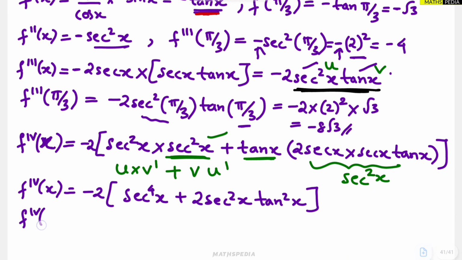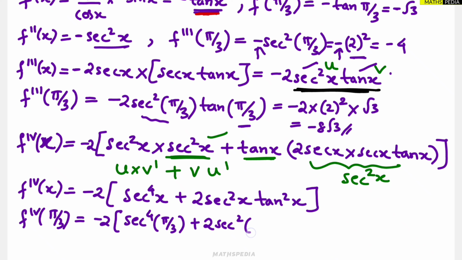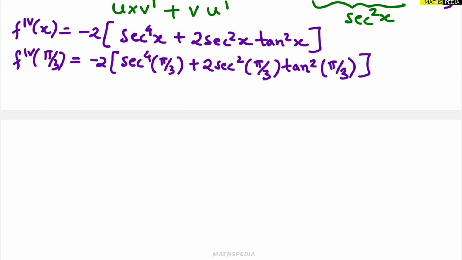This is the simplified form. Let us now substitute pi by 3. So minus 2 into sec power 4 pi by 3 plus 2 into sec square pi by 3 into tan square pi by 3. Substituting the values: sec pi by 3, that is sec 60, is 2.